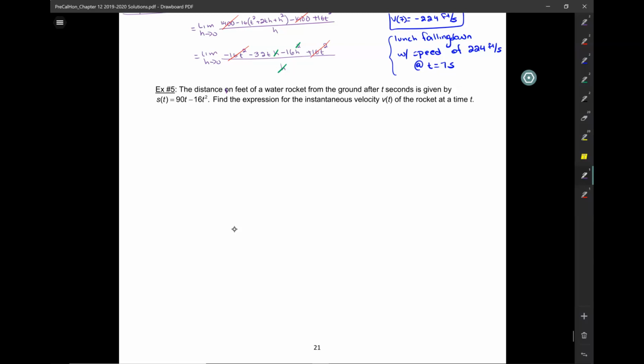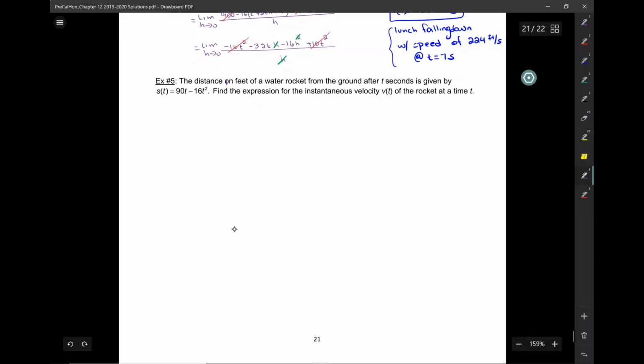Instantaneous velocity, meaning we want v of t to equal the limit as h approaches 0 of s of t plus h minus s of t, all over h.